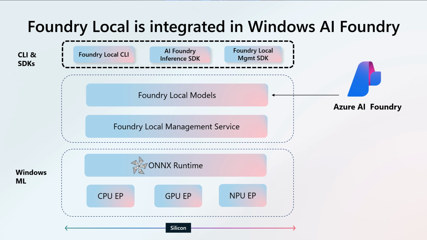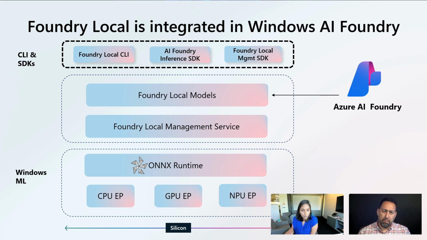But developers should not be in the business of packaging them up and making sure the end users get the right execution provider to accelerate on their particular silicon. So Windows has the intelligence to do it. Foundry Local is able to rely on that intelligence to be optimized for that particular silicon, but also to remove that burden completely from developers to package and distribute it appropriately.